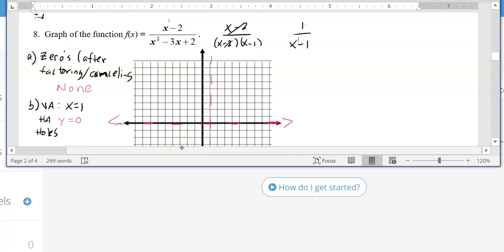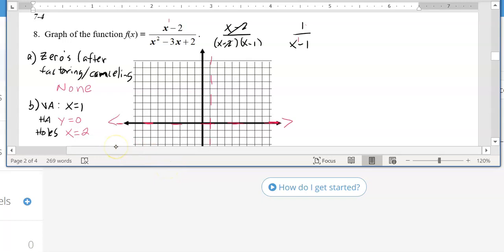Okay, holes. You'll have holes when you're able to cancel. And the number that makes the canceled factors equal to 0 represents a hole. And so if you notice, x equals 2 would make these canceled factors equal to 0. So I'm going to have a hole in my graph at x equals 2.